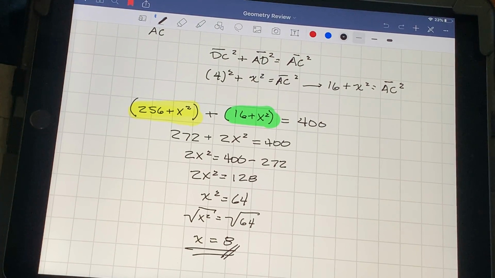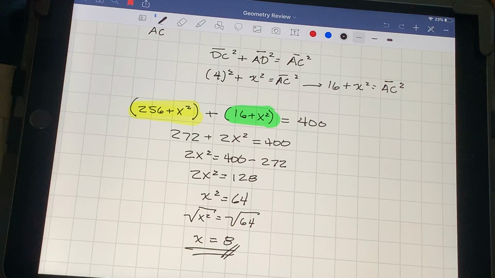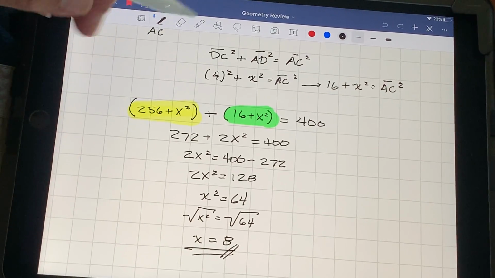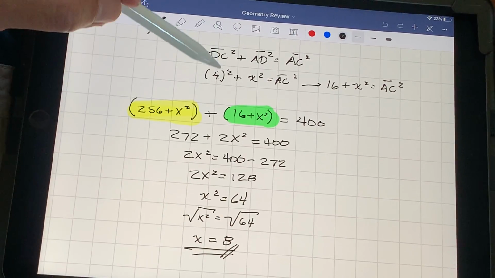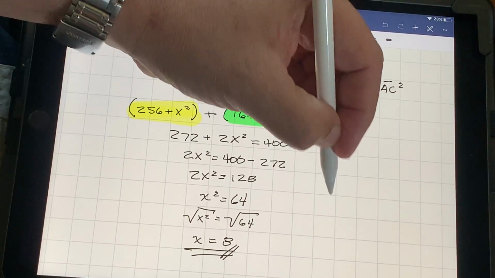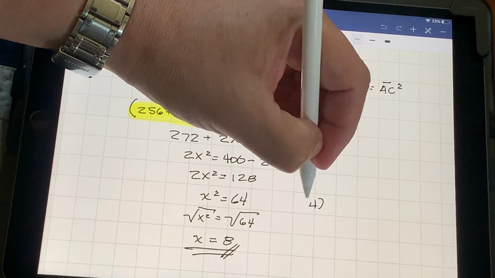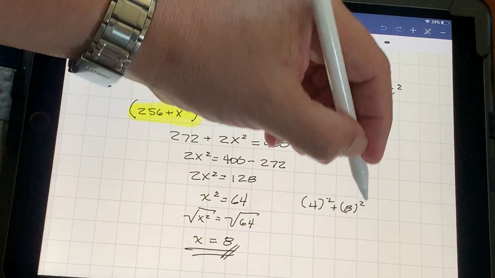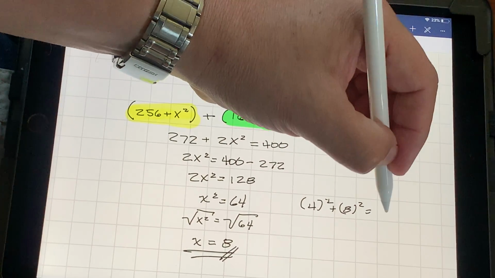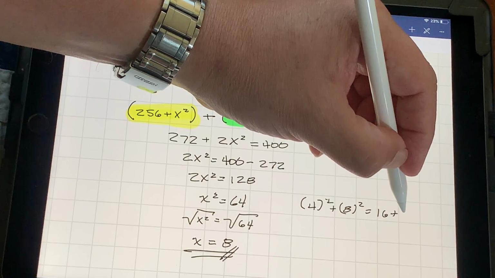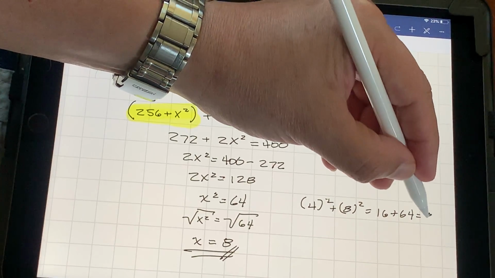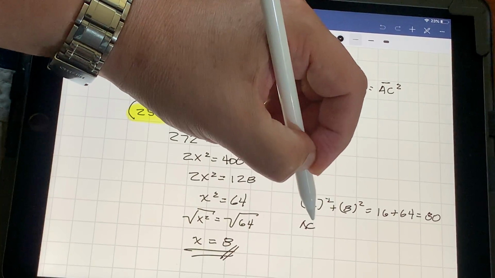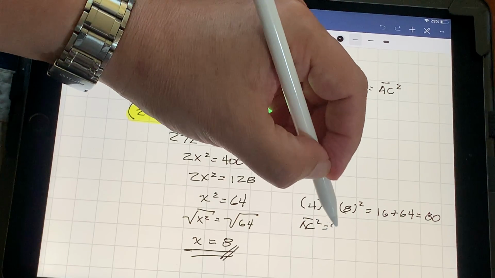If I want to verify that I solved the equation correctly, I can simply plug my x back into each of the individual equations. So I can say, for example, 4 squared plus 8 squared, that's the same as 16 plus 64, which equals 80. So AC squared equals 80.